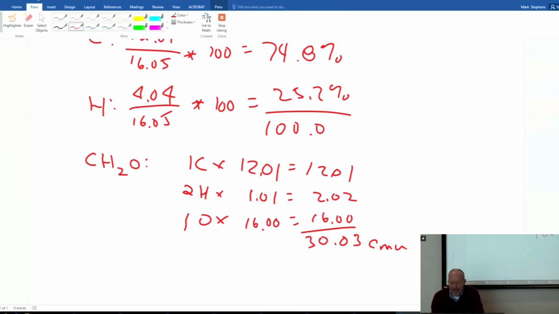And what I do to do that is I divide each piece by the total mass. So everything is divided by total mass, and then put on a percent basis by multiplying by 100.